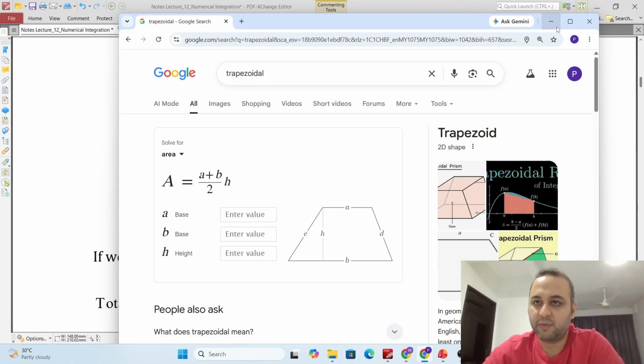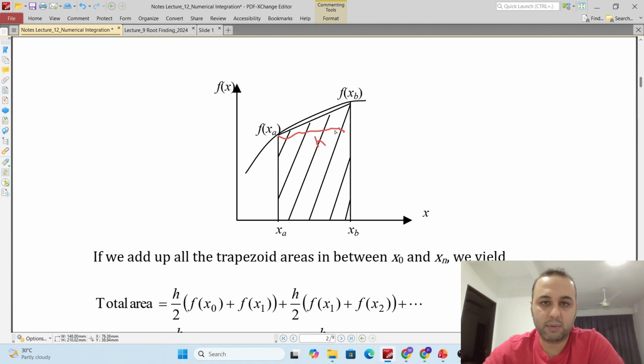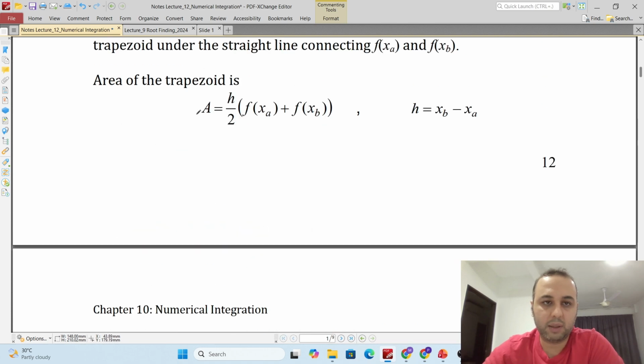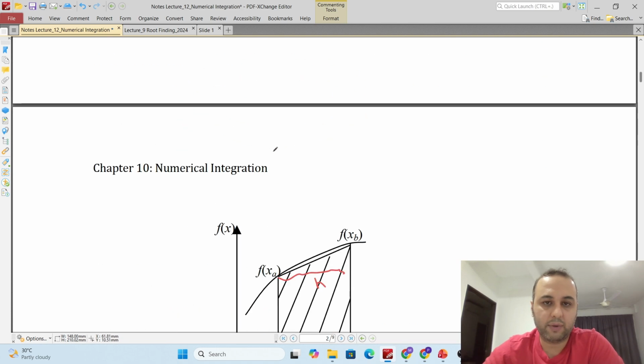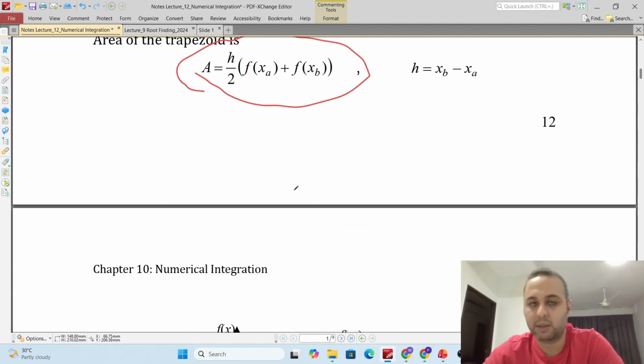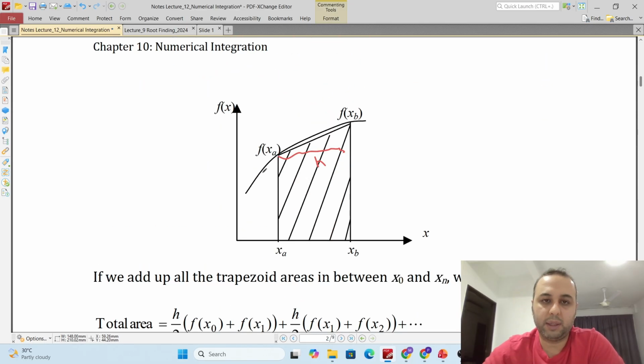From this concept, we can measure the approximation of the area below the curve of the function.